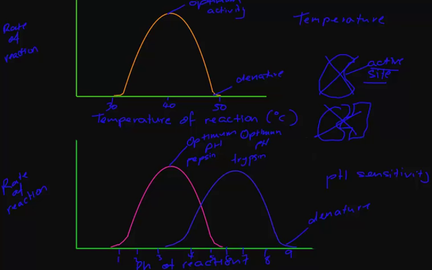So in summary, what we see is that enzymes are able to lower the activation energy for a reaction to occur, and to occur quite comfortably within the optimum range of the temperature of the body or the organism that they're in. In the first graph, the top one, we see that they are active over a very narrow range. Their optimum activity is around 37 degrees, and either side of that, the activity falls off very quickly.